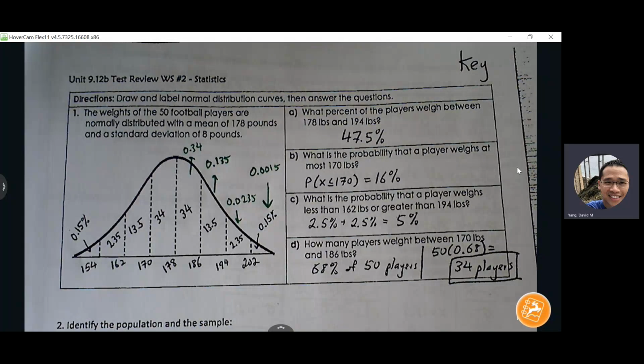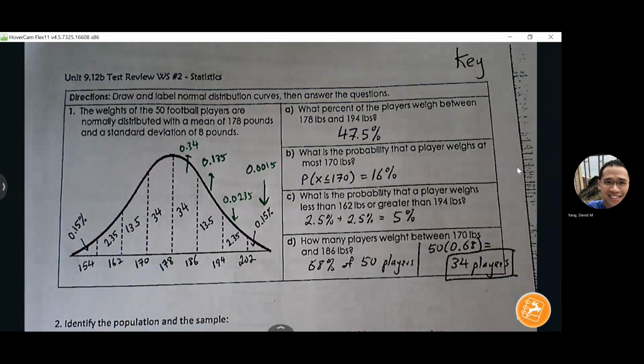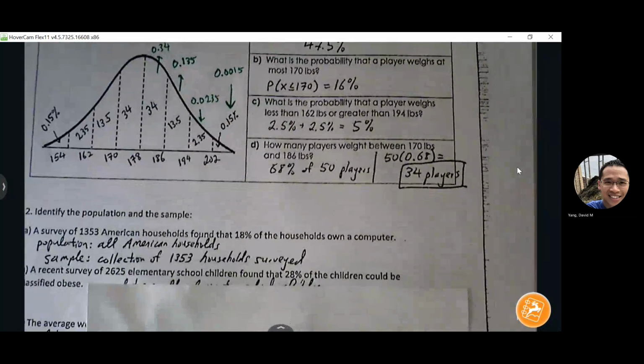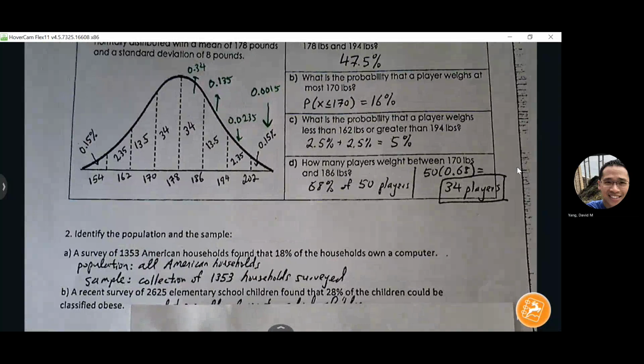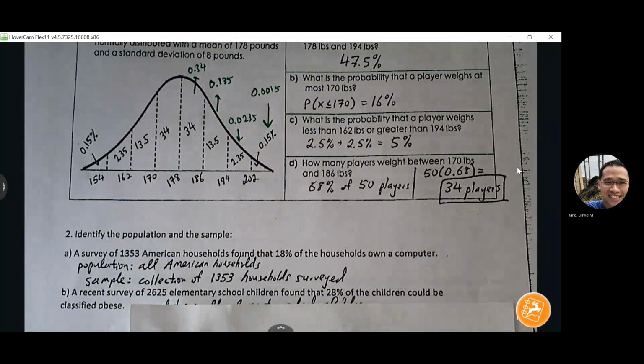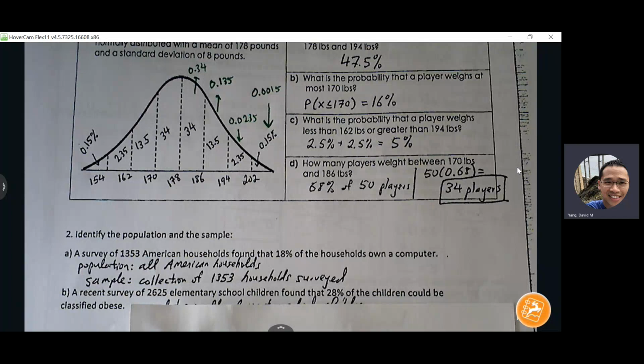Number 2, identify population and the sample. A survey of 1,300 American households found that 18% of the households owned a computer. Population would be all American households. And sample would just be those surveyed. This is just a portion of the population.